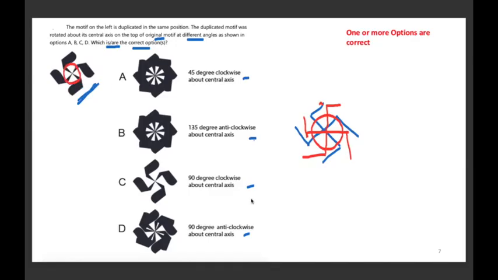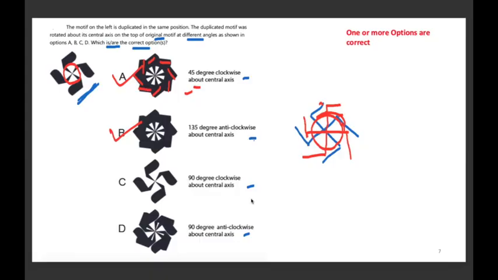Versus the outside part will be completely filled with black. So yes, we are able to see this rotated version here and the original position here. So A is correct. B says 135-degree anti-clockwise about central axis. That is also similar to what we saw earlier. So B is also right here because it will generate the exact same figure.